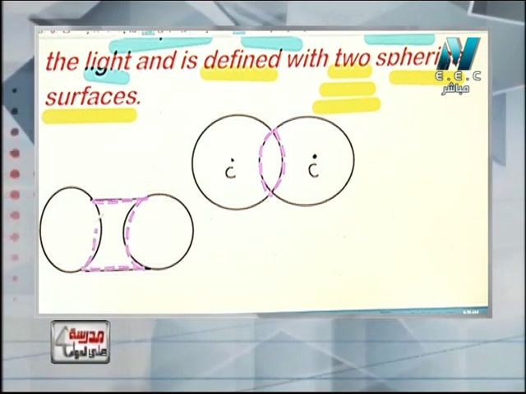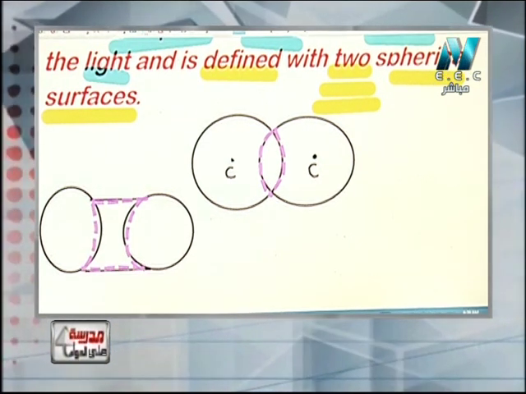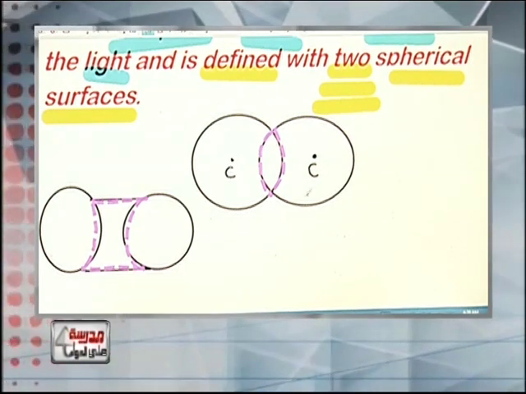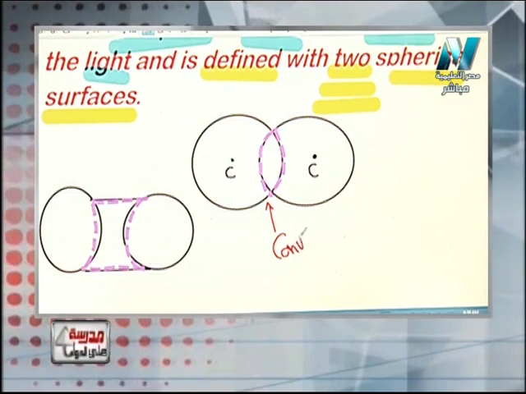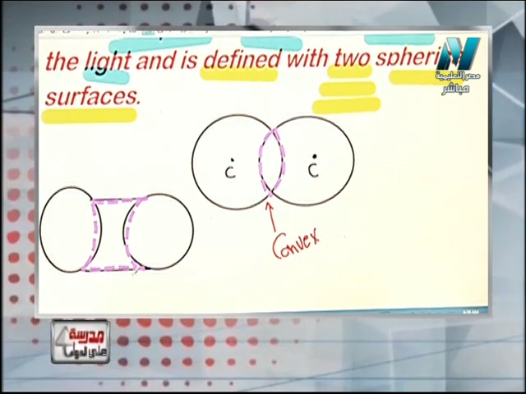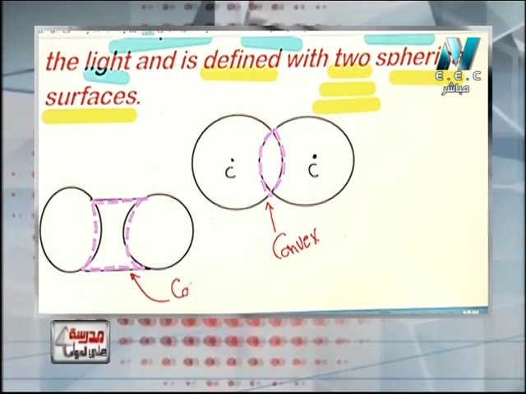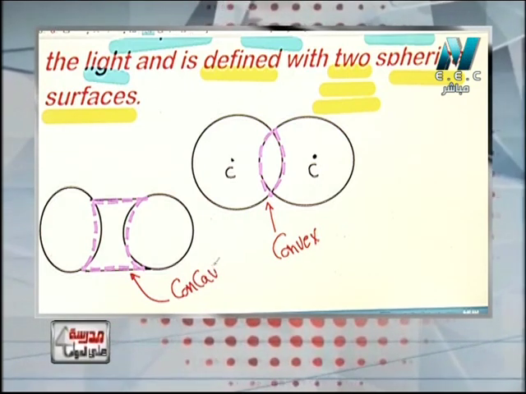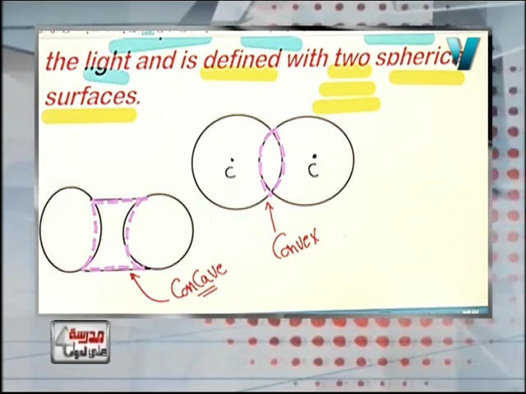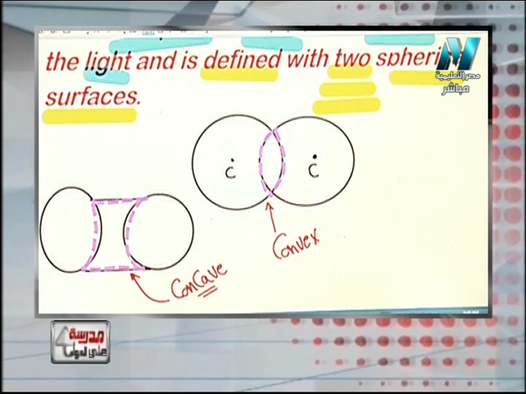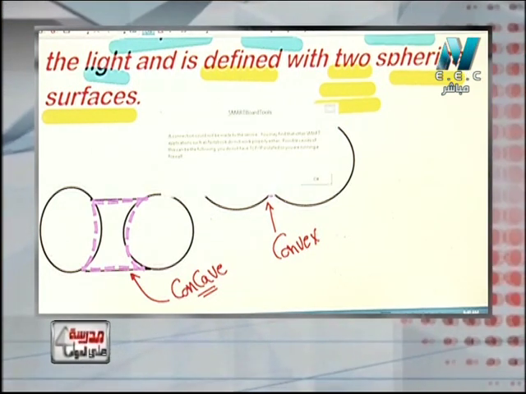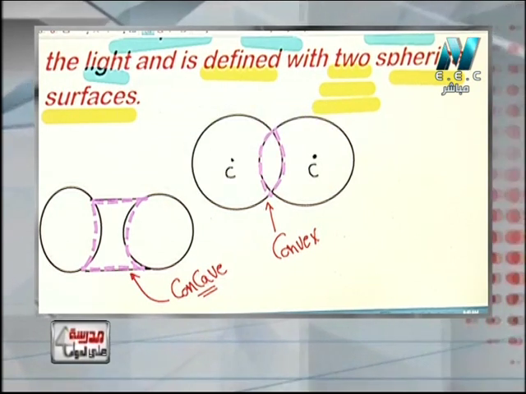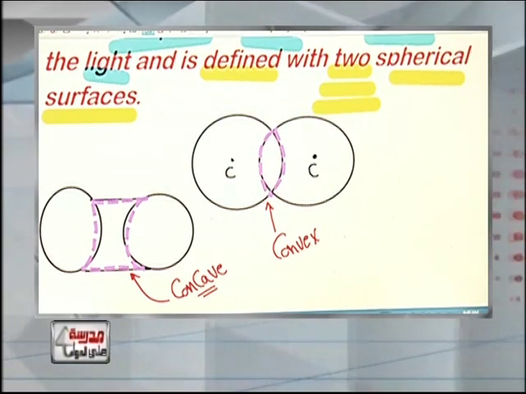So we have two main types of lenses. Number one, here we have the convex lens, and here we have the concave lens. If we want to define the convex and the concave lens, لو أنا حبيت إن أنا أعمل لهم define each one of them.